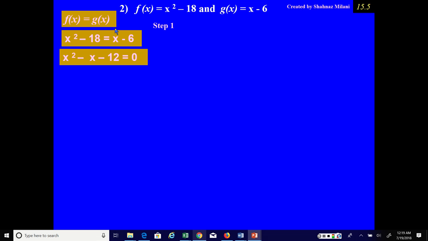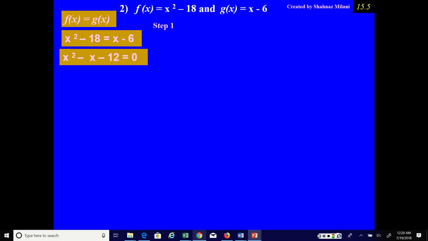Here, I had the x positive, it goes to the other side, it becomes minus x. I had the minus 6, it goes to the other side, it becomes positive 6. Combined with minus 18, it becomes minus 12. Then, this is my polynomial. Now, that was step number 1.